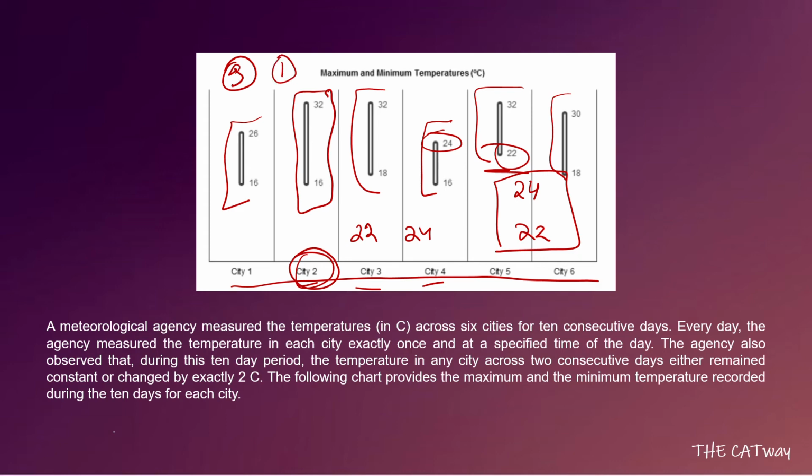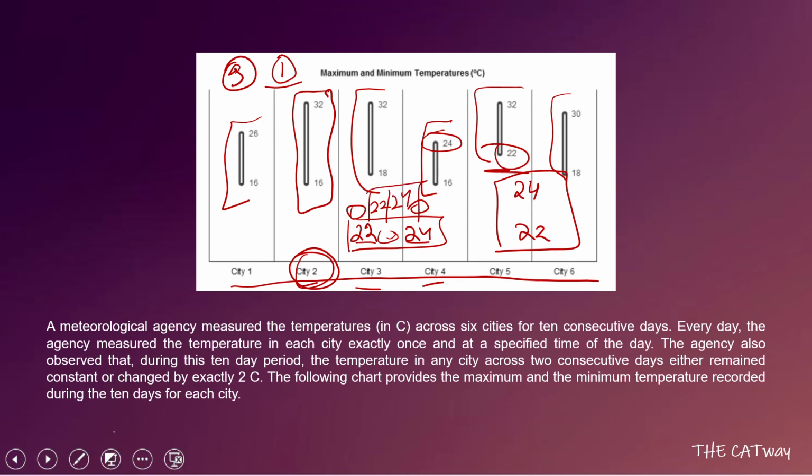So what we can do is, because we have to maximize the number of days in which the temperature is equal in all the cities, we are going to take that one extra day from 22 or 24, any one of them can be there, because both are possible for all the cities. So the 2 days in which it naturally came 22 and 24 for city 2, whereas the one extra day, which we could have filled anyway, we are going to fill with a temperature of 22 or 24, anyone, because all the cities can have these two temperatures.